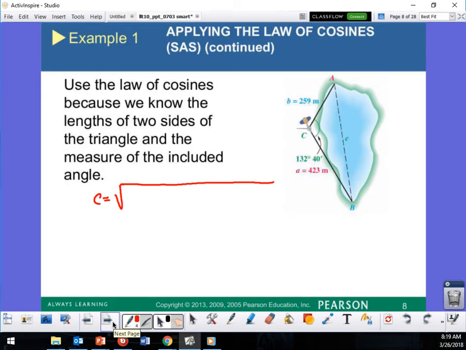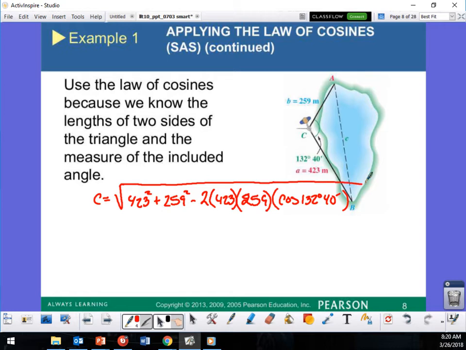So c equals the square root of 423 squared plus 259 squared minus, what goes next? 2 times 423 times 259, and cosine of 132 degrees, 40 minutes.